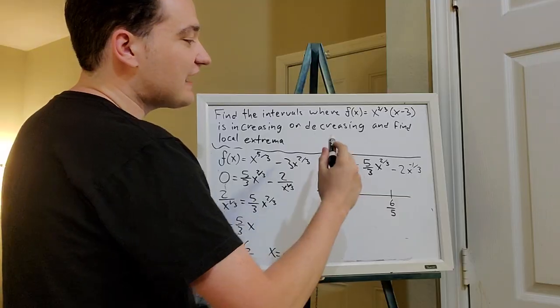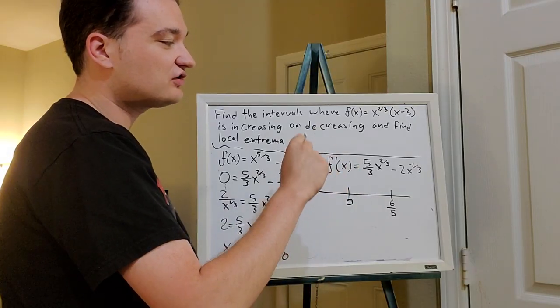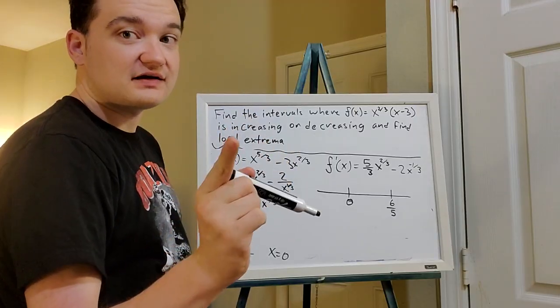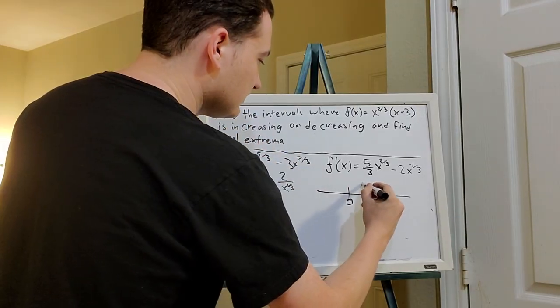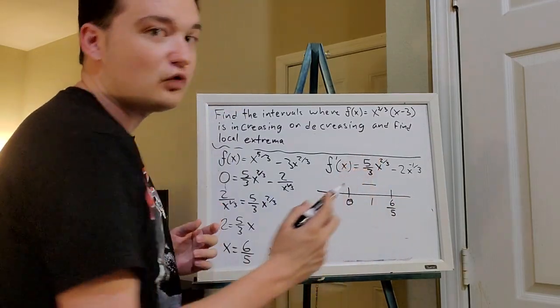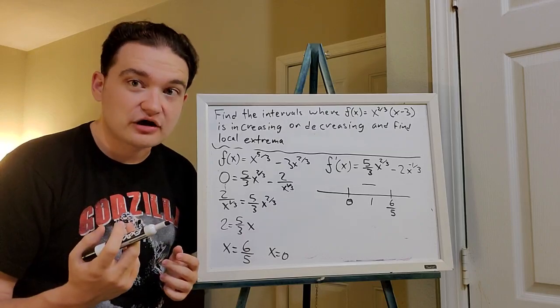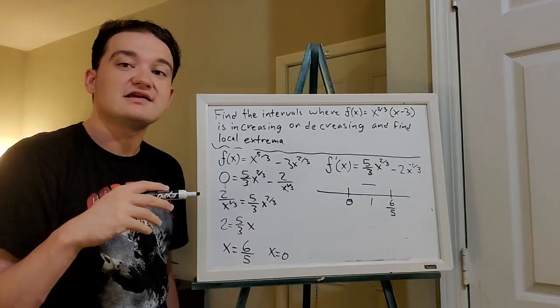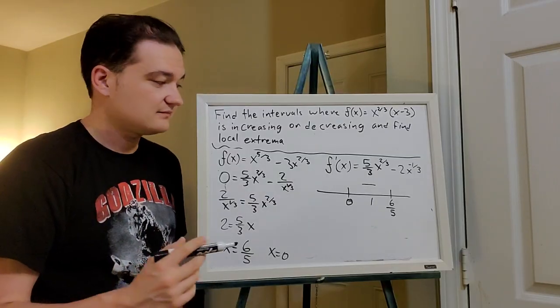The derivative at 1 is 5/3 minus 2, negative 1/3, negative. We're decreasing from 0 to 6/5 because the derivative at 1 is below 0. And if the derivative is below 0, our function is decreasing.